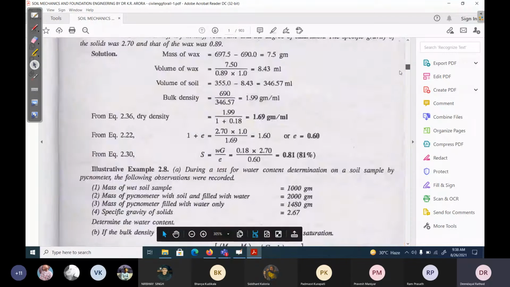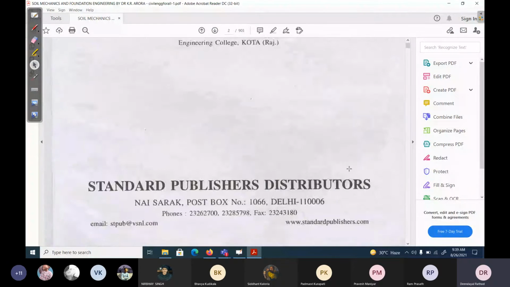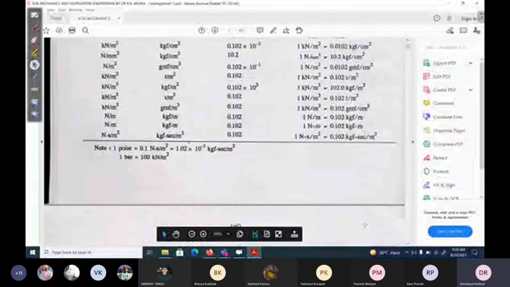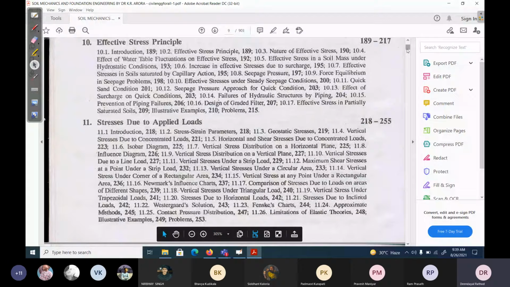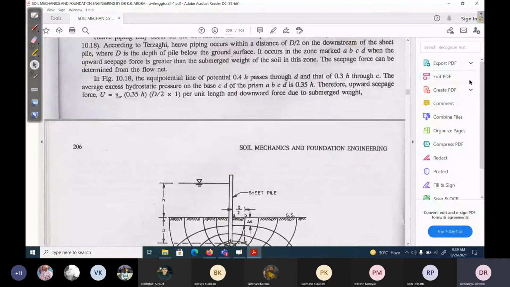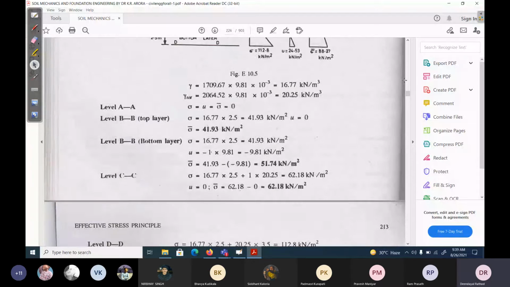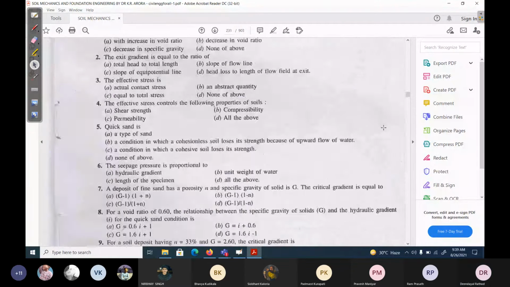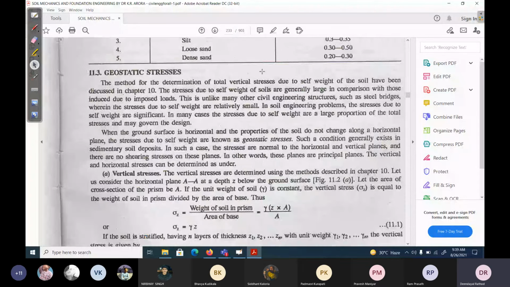So go to chapter 11. If you go to page 218, what is it? In this chapter you will find it.